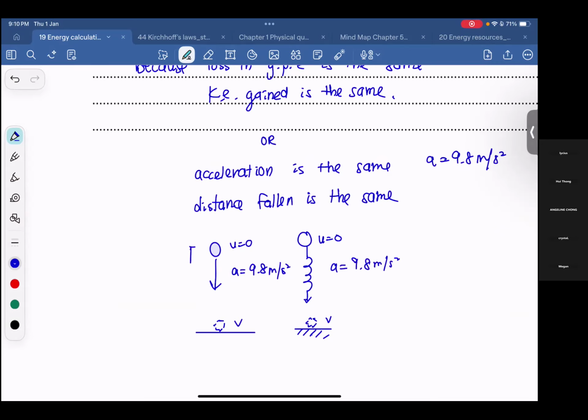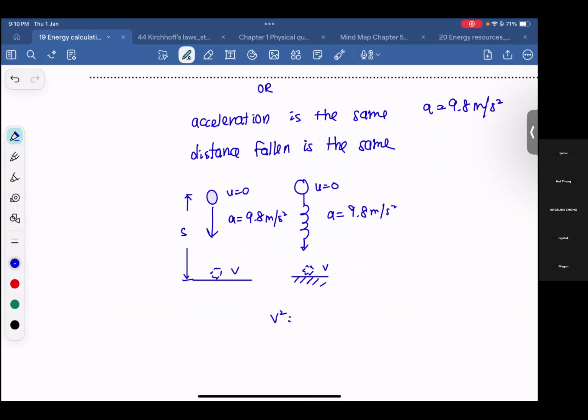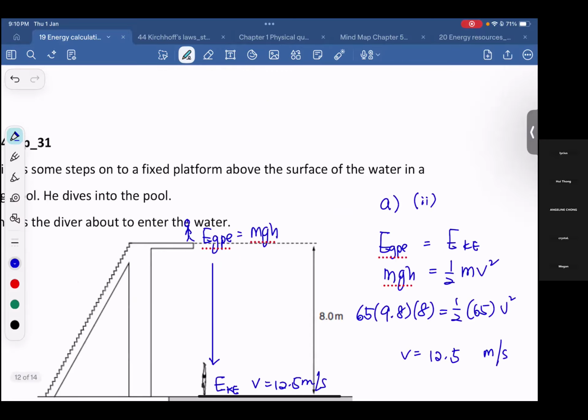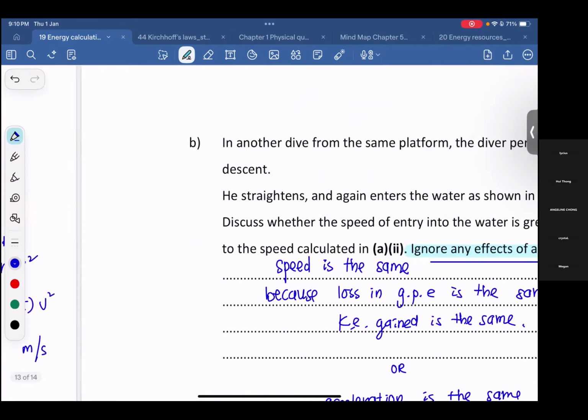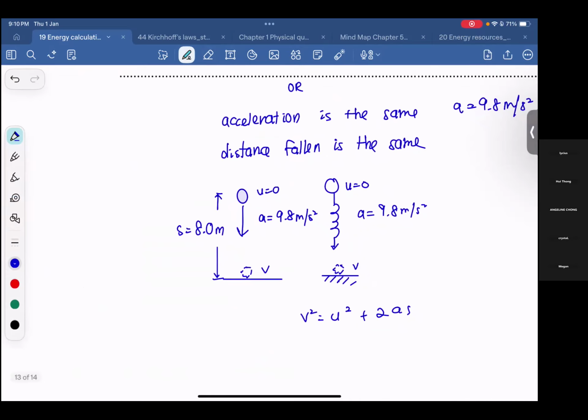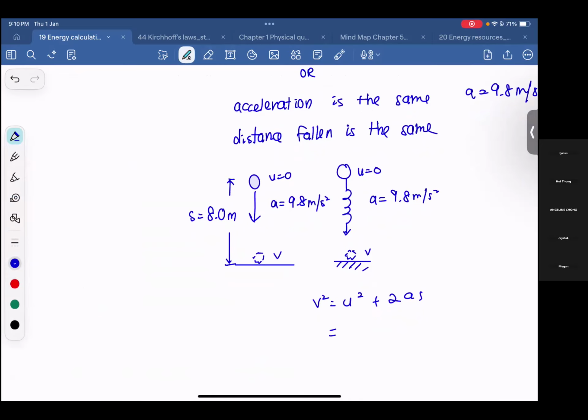The height here is the same. So if we use v squared equals u squared plus 2as, everything is the same. Can you see that everything is the same? So let's say here this one is 8 meters. Let's say the s is 8 meters. Okay, so here your v squared equals, initial is 0, plus 2 times 9.8 times s, and s is 8.